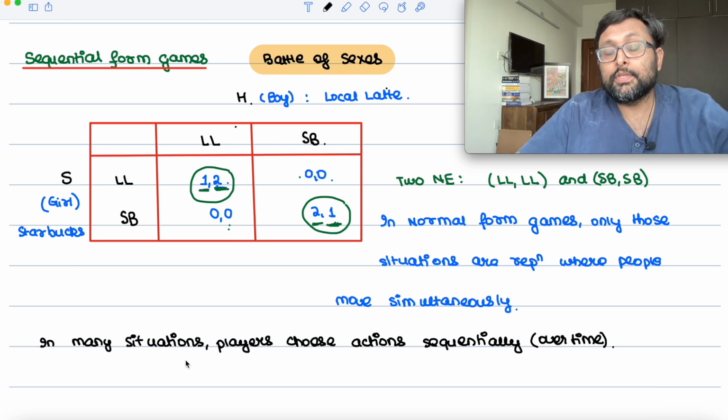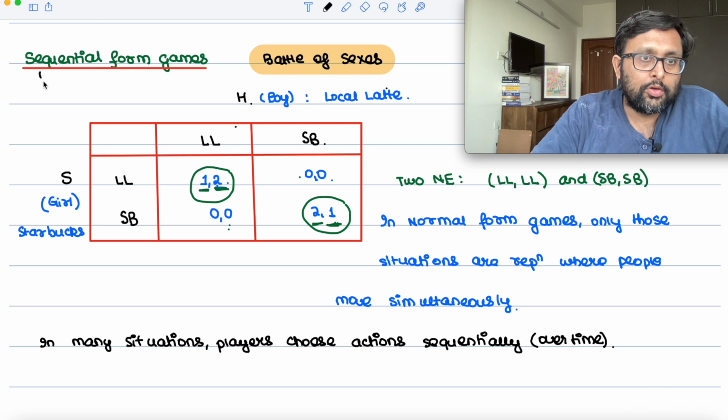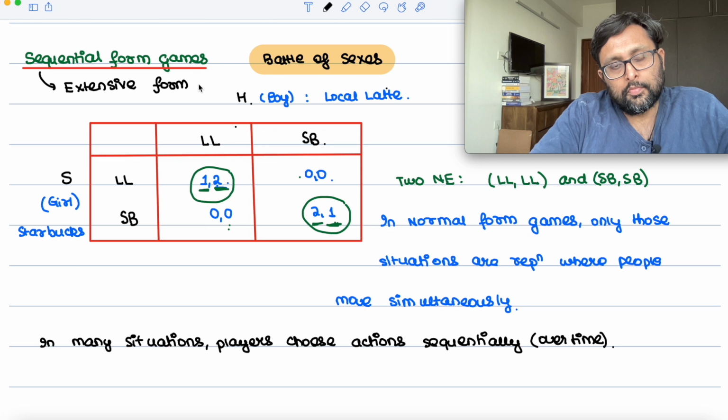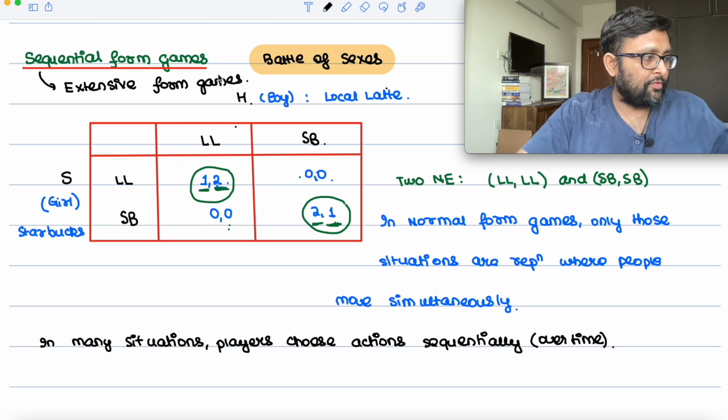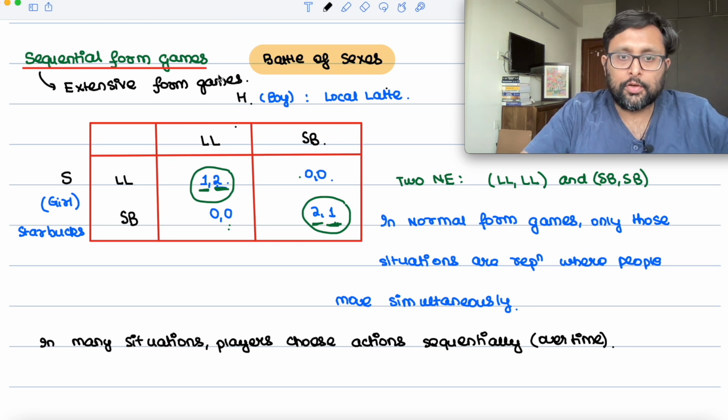So you need games in the extensive form. So these extensive form games are also called sequential form games.